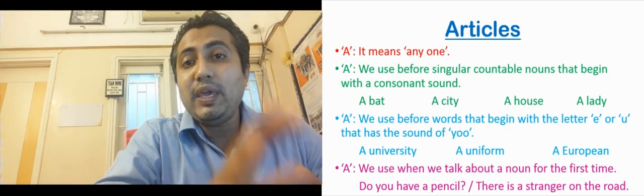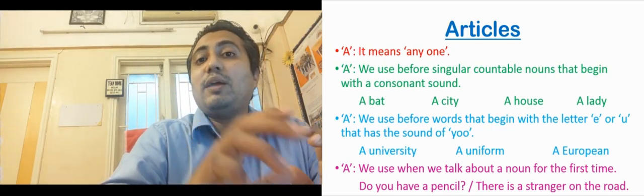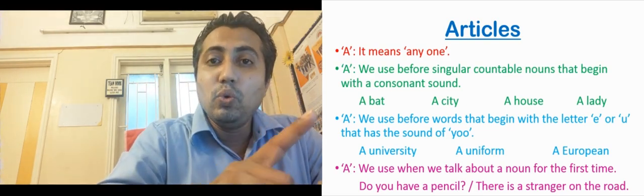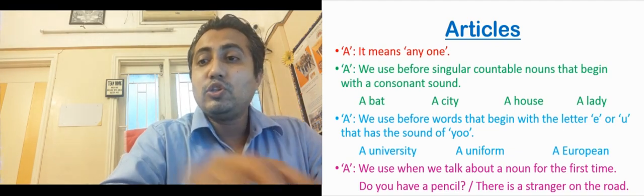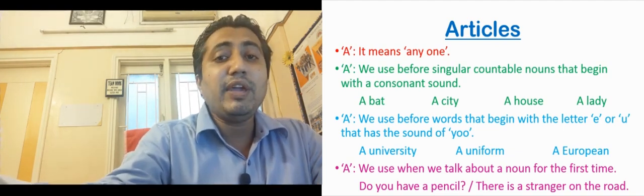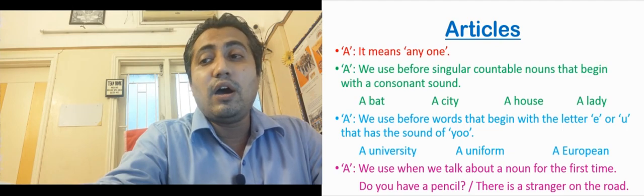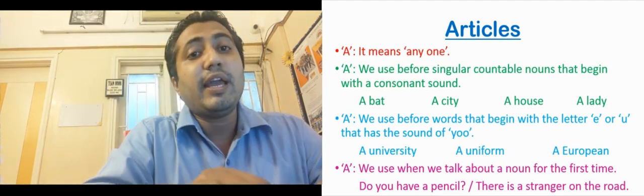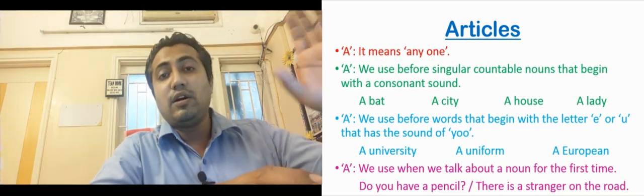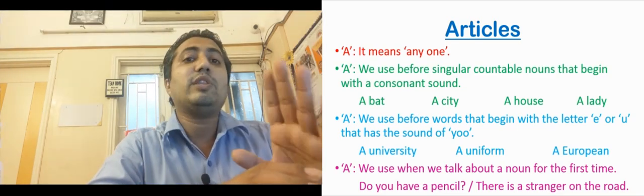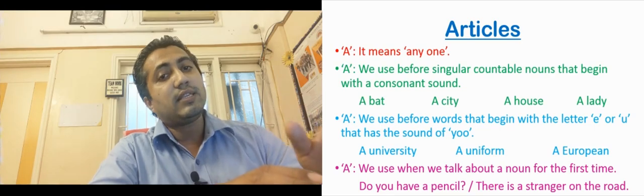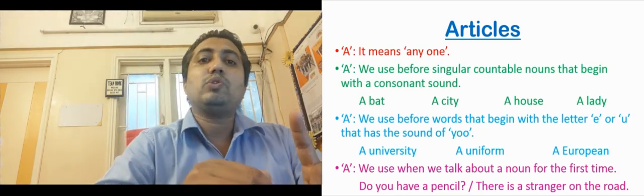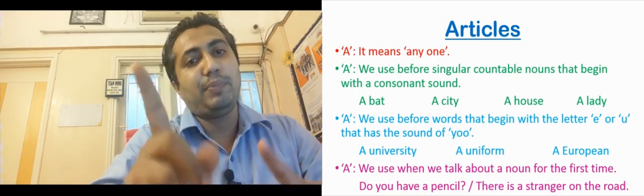Then European, यूरोप के जो लोग होते हैं we call them European, even though beginning with e, but the sound is European, you, yeah. So that is why we can call this word, even though it begins with a vowel, a consonant sound. So we will not use an, we will use only a European.